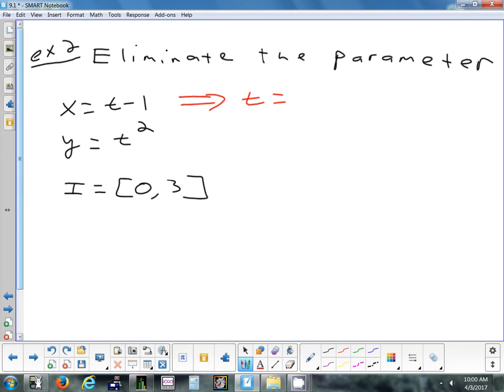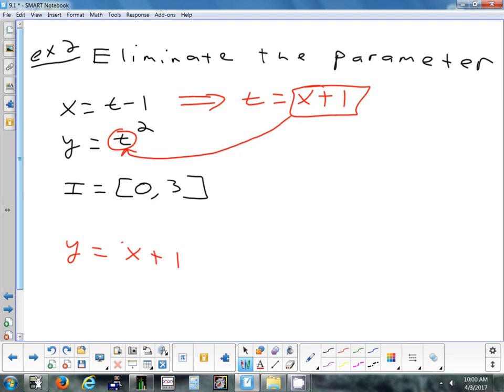Yep, x plus 1. And now, what do I do with that x plus 1? Plug it in for t. Right there. So we get y equals x plus 1 squared. You could FOIL it out to x squared plus 2x plus 1, but I actually think it's easier to just leave it factored like that.